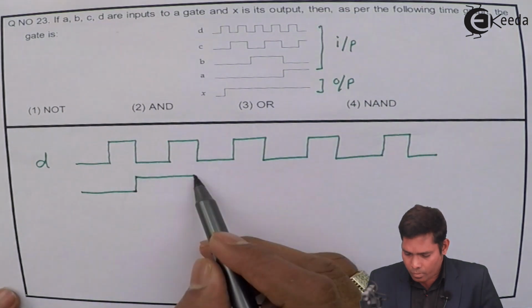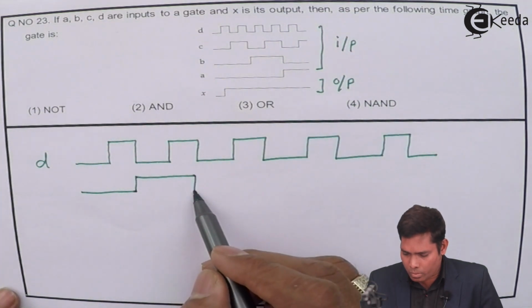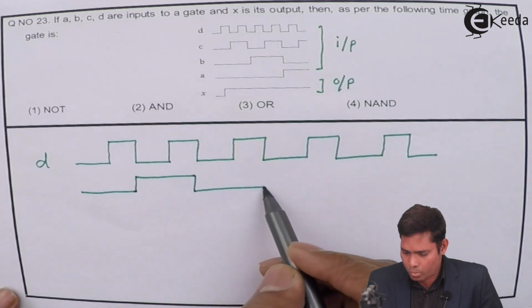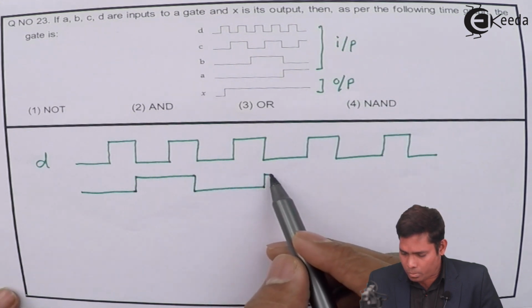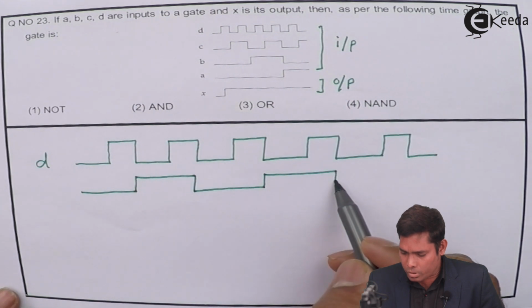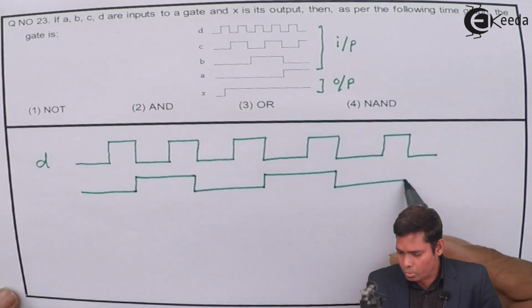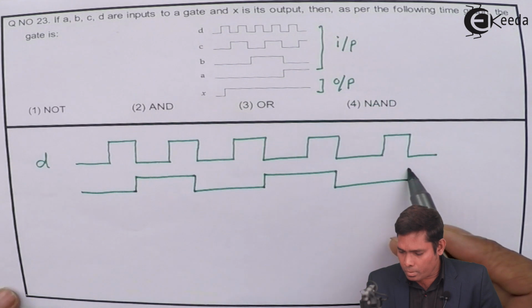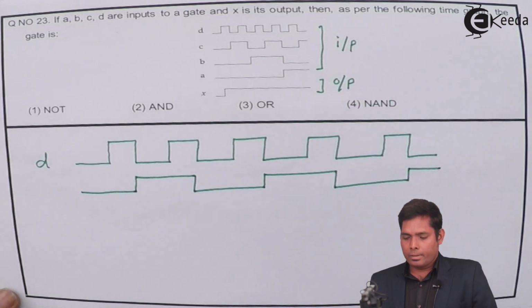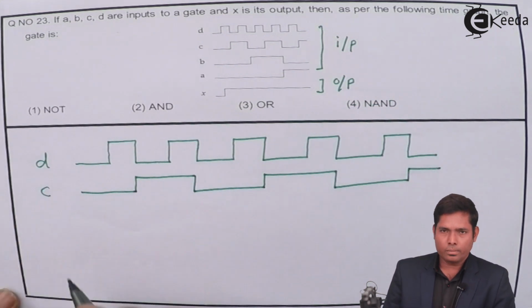Then this drops down, goes up, goes down, goes up, and like that. This is your C.